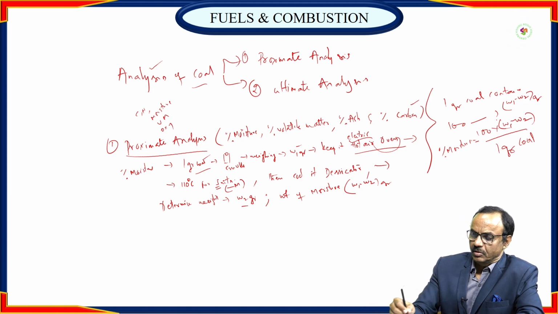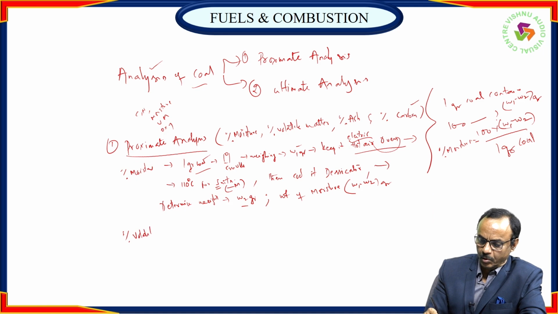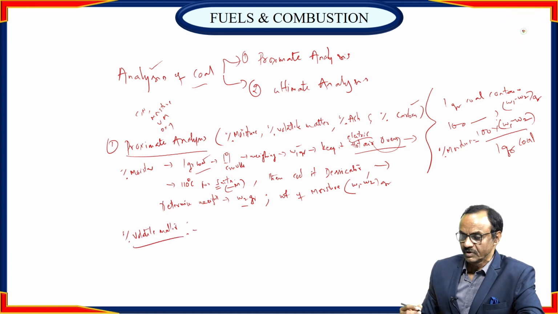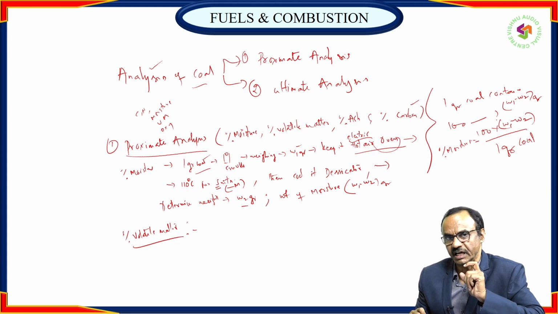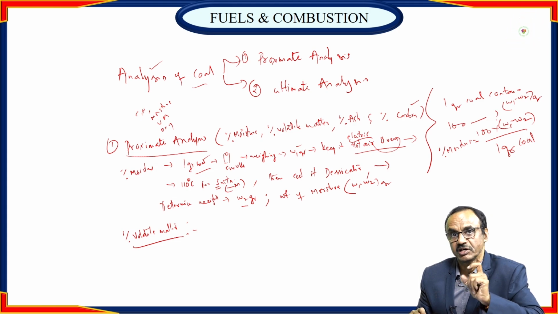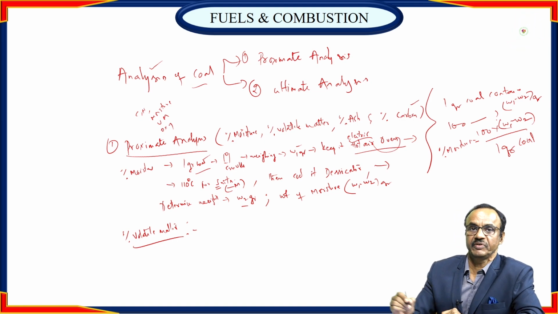Next, percentage of volatile matter. Continue the experiment. Don't take a separate sample for this, because if you take a separate sample, again we have to remove moisture. So it is just a continuance of the previous one.